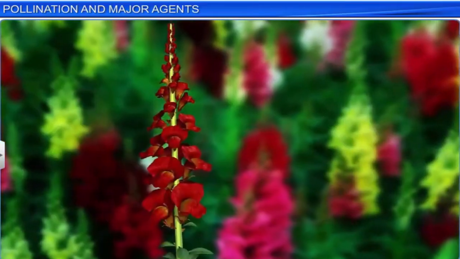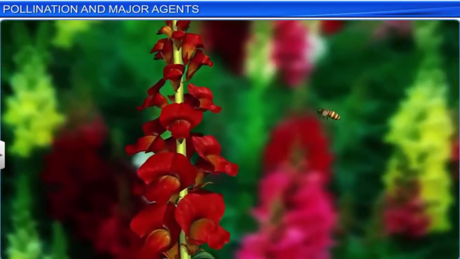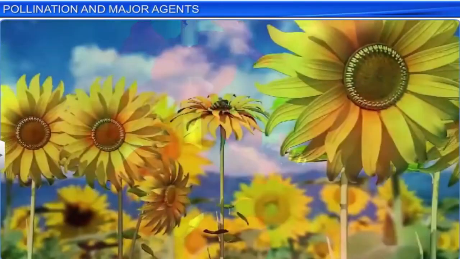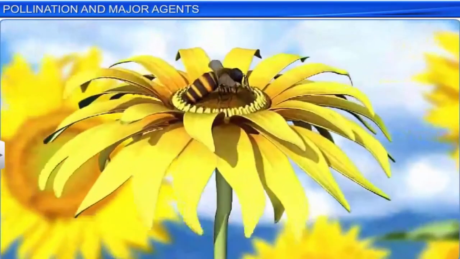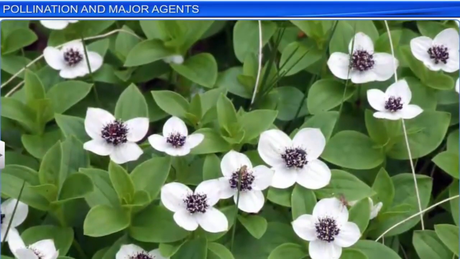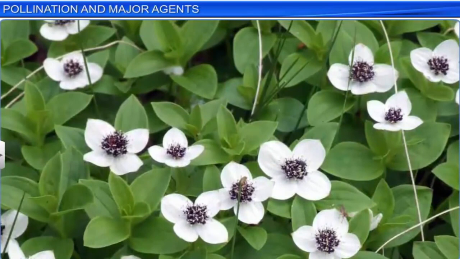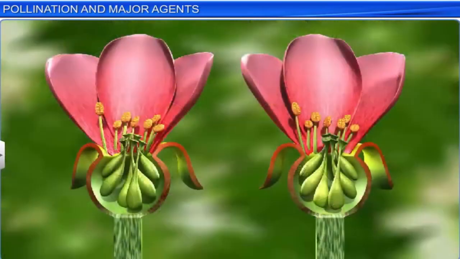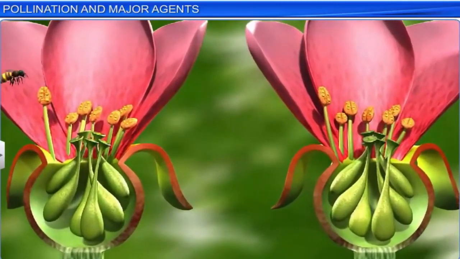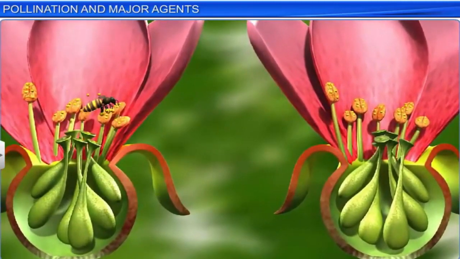However, if they are small, they are bunched together in an inflorescence to make them conspicuous. Moreover, these flowers produce pollen grains as well as large quantities of nectar to reward the agents. When a pollinating agent comes in contact with the anther, its body gets covered in a coat of sticky pollen grains.